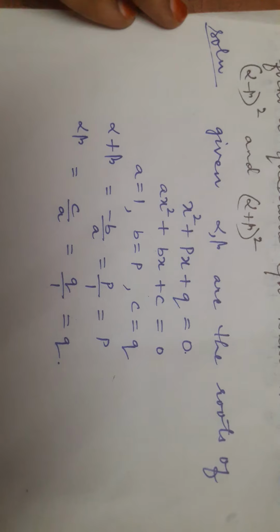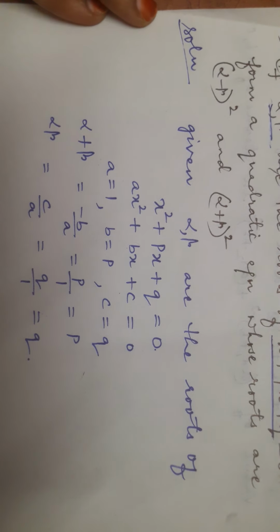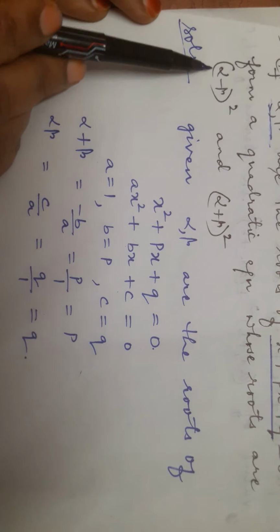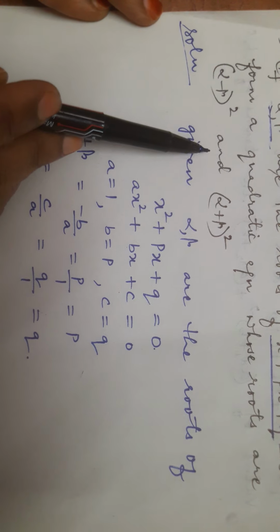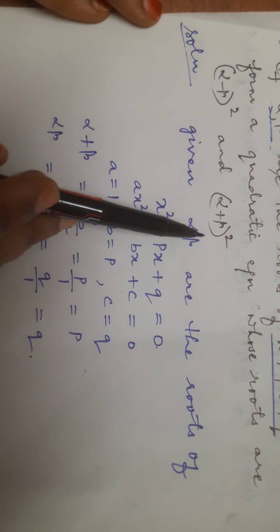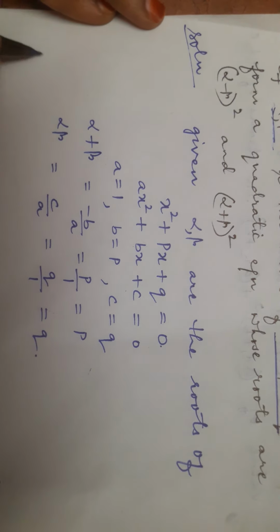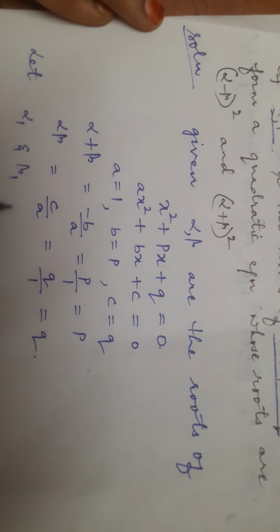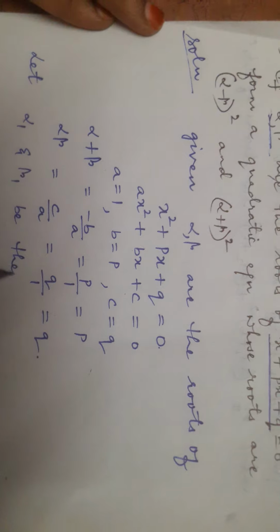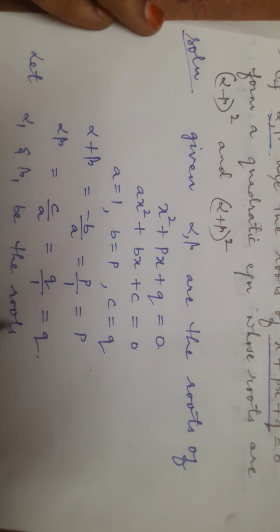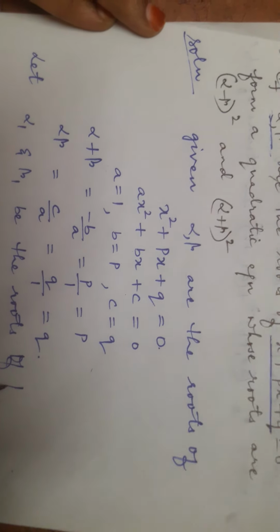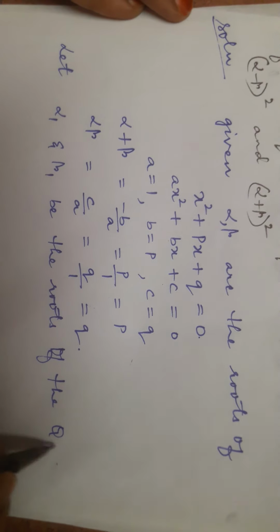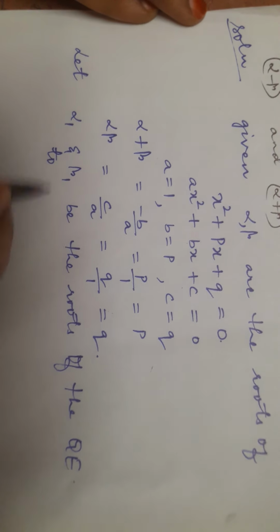Now he is asking you to form a new quadratic equation whose roots are alpha minus beta whole square and alpha plus beta whole square. That is, let alpha 1 and beta 1 be the roots of the quadratic equation to be formed.